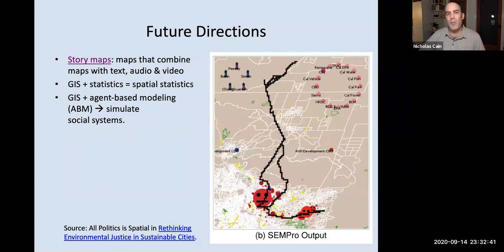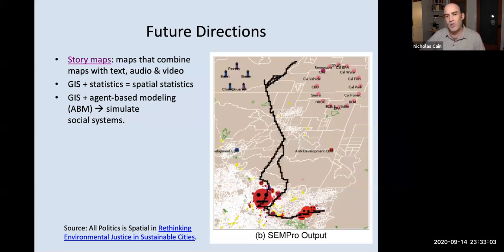I'll wrap up here by providing a few hints about future directions. One very cool trend is the creation of story maps. Story maps combine the maps we've been looking at with text, audio, and video in a way that allows you to tell a story.